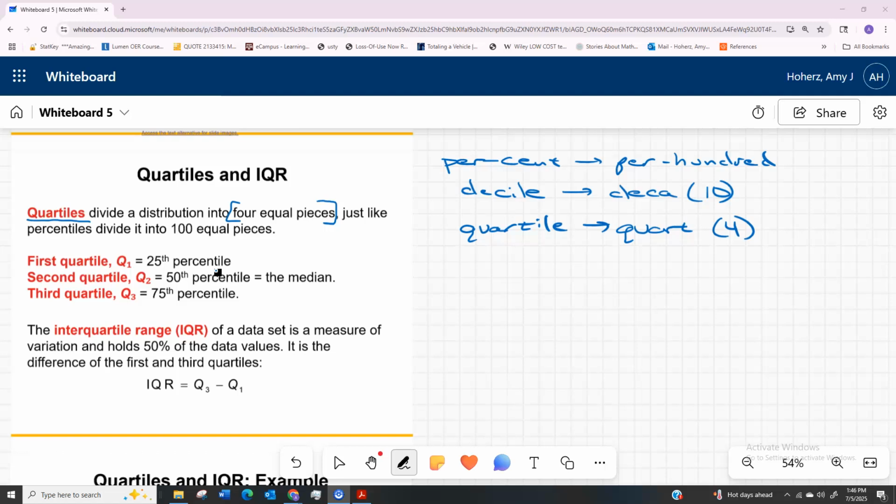So we've actually already done something that is a lot like quartiles when we have done the median.